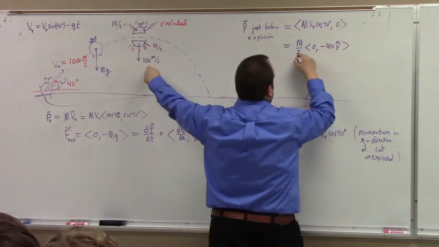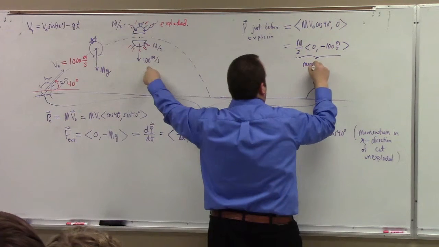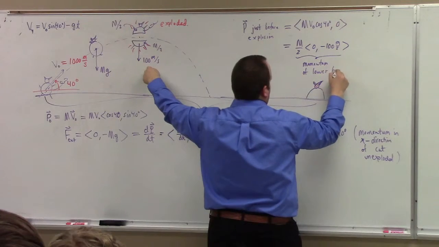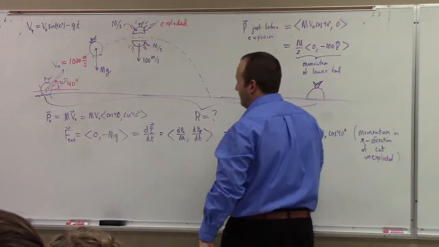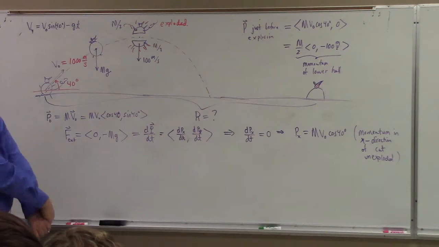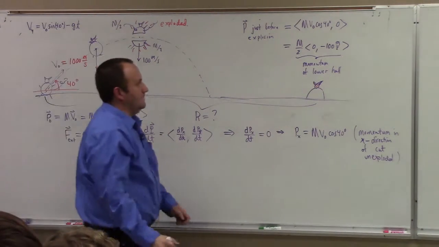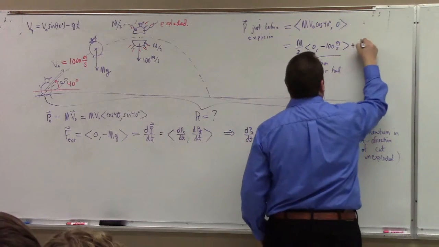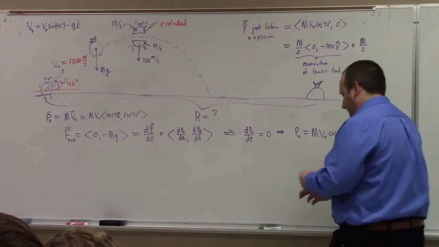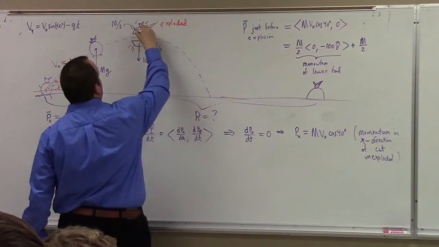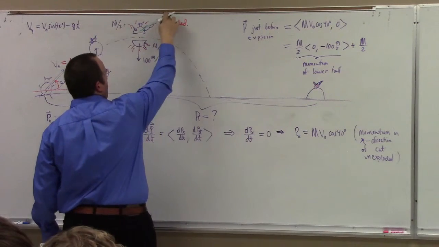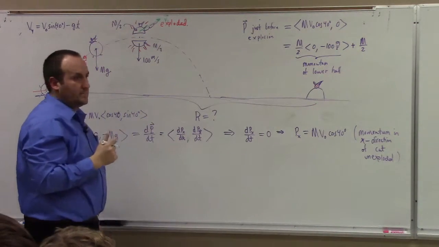This is the momentum of the lower half, plus the mass of the upper half of the cat times some V1.